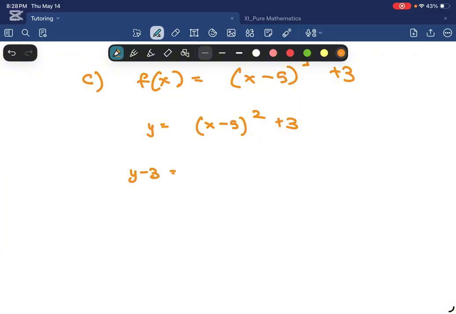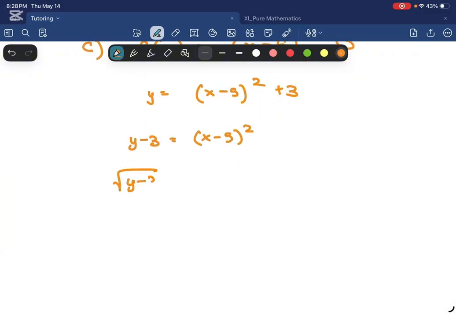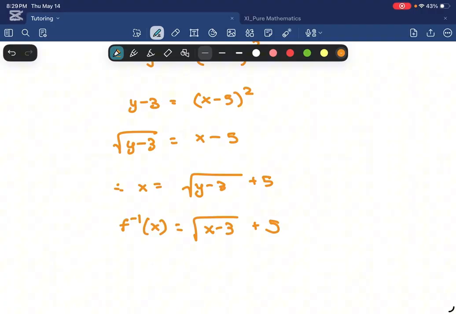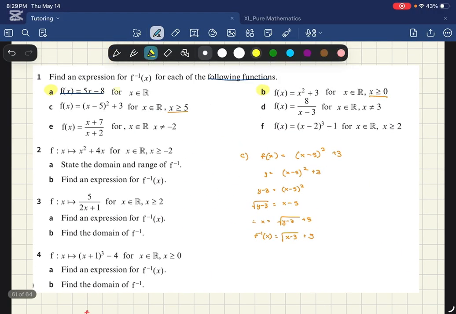Y minus 3 is (x minus 5) squared. Square root of (y minus 3) is x minus 5. And therefore, x is equal to square root of (y minus 3) plus 5. F inverse of x is equal to square root of (x minus 3) plus 5. All right, so that is your inverse function.